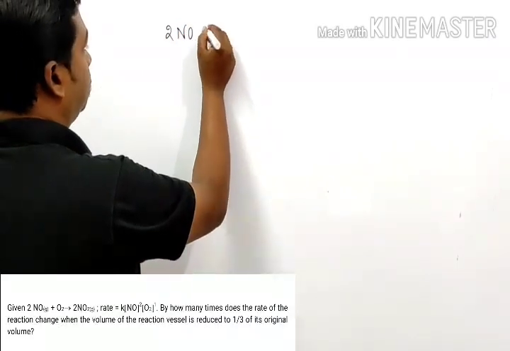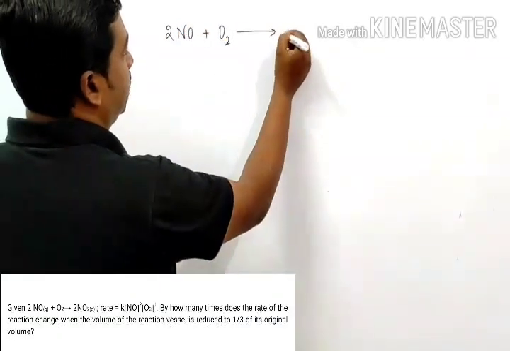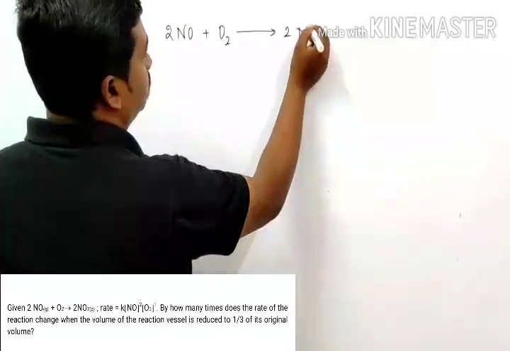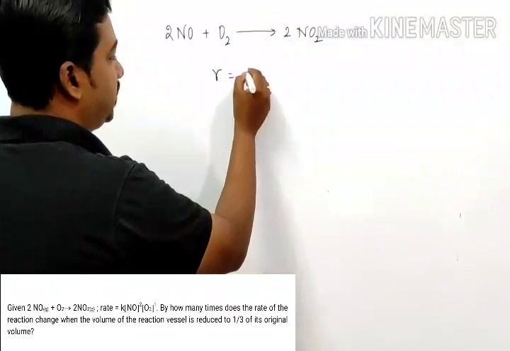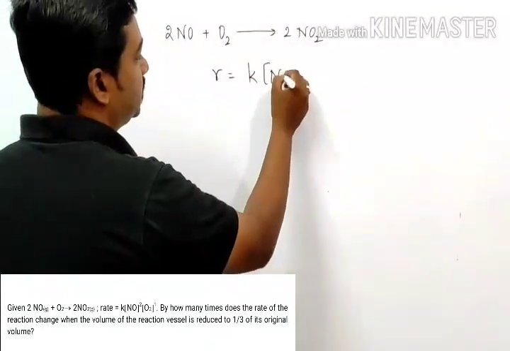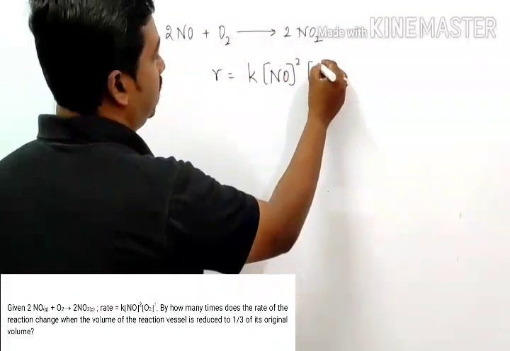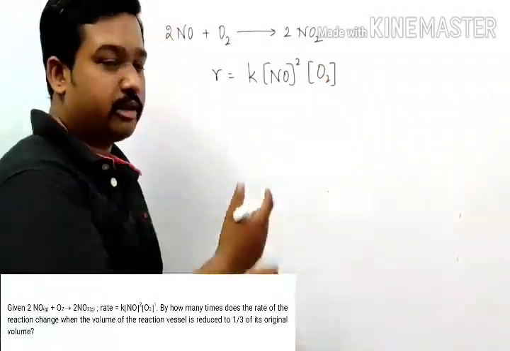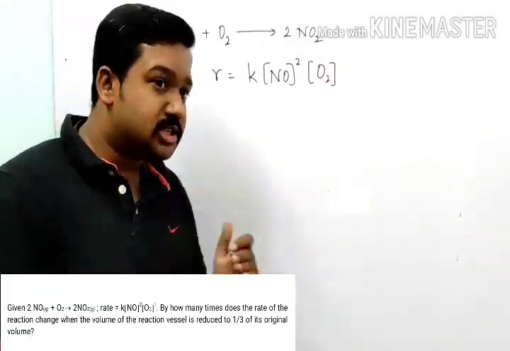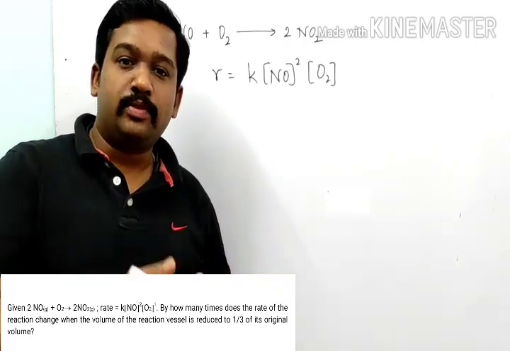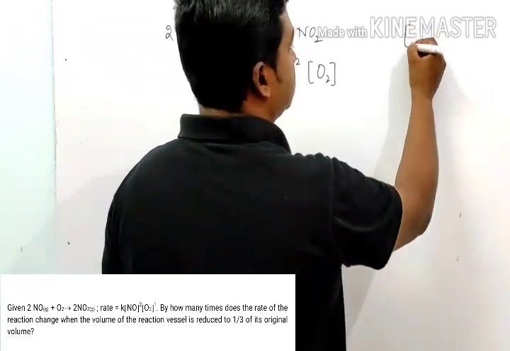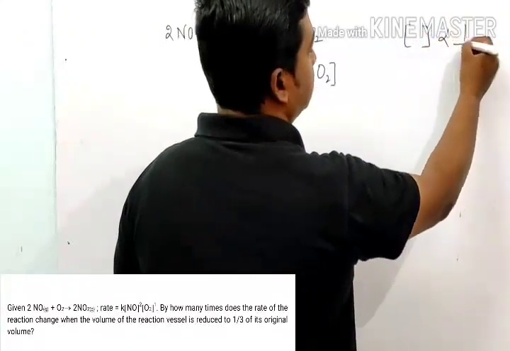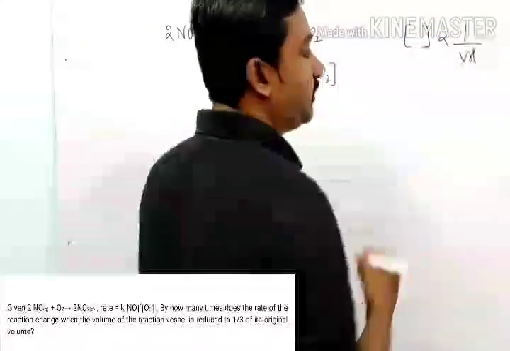In this problem, they have mentioned an elementary reaction, 2NO plus O2 gives 2NO2, and the rate of this reaction is given as K into concentration of NO squared into concentration of O2 power 1, and it is mentioned that volume is reduced to 1/3 of the initial volume. Remember, whenever there is a change in volume, there is a change in concentration.